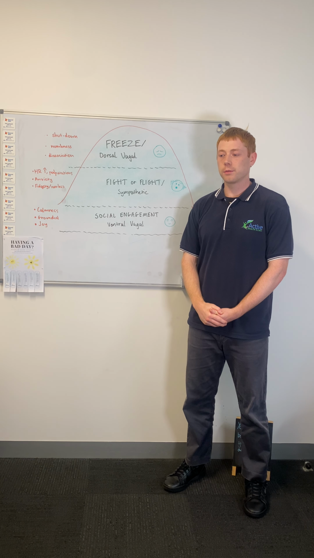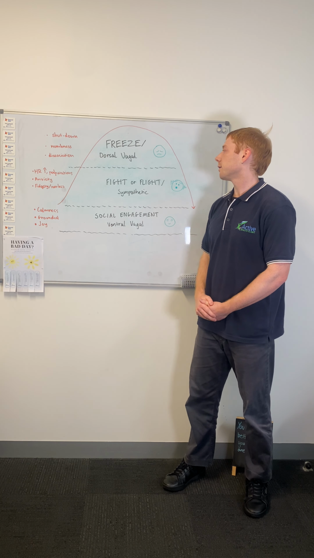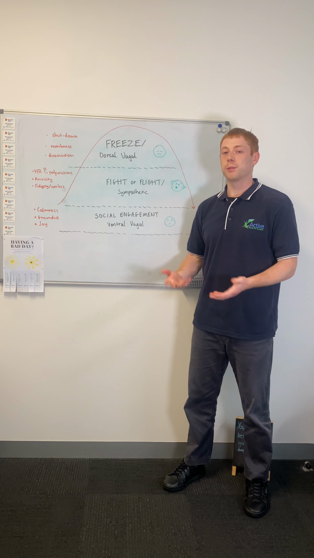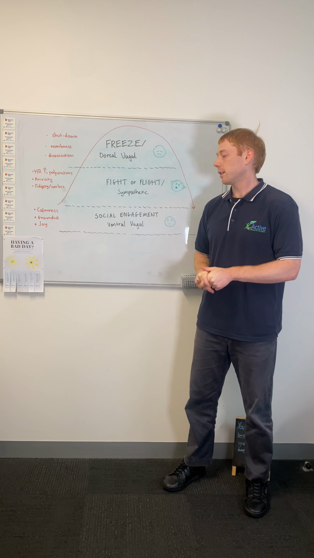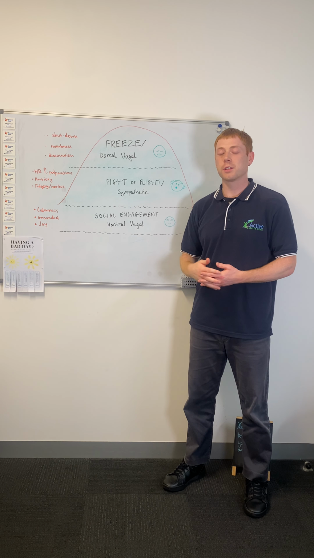It's also, I think, fair to say that when we're in a massive setback or a flare-up, and our symptoms are much higher than normal, it's generally a fair assumption that this is more associated with a dorsal vagal response.